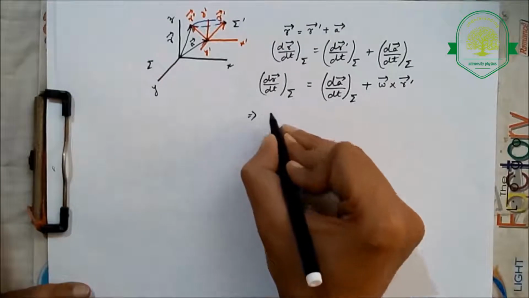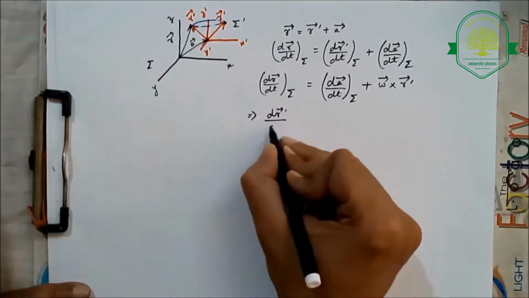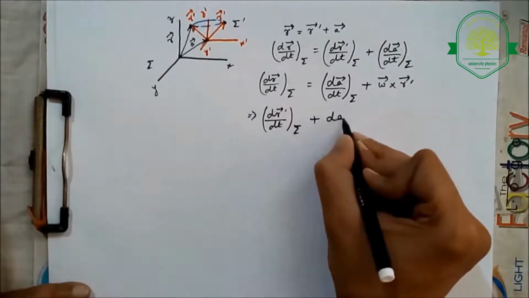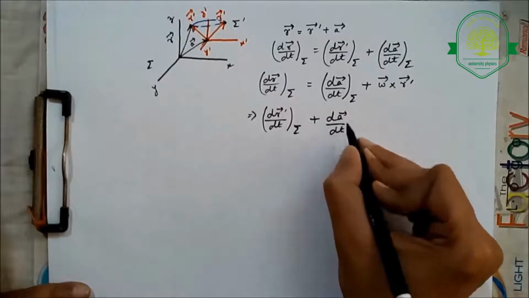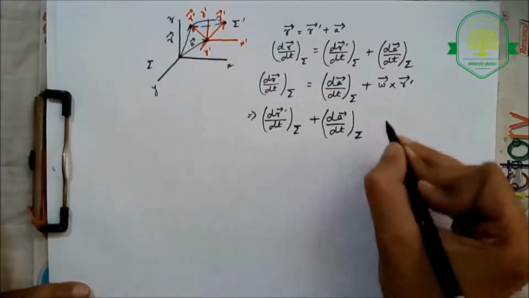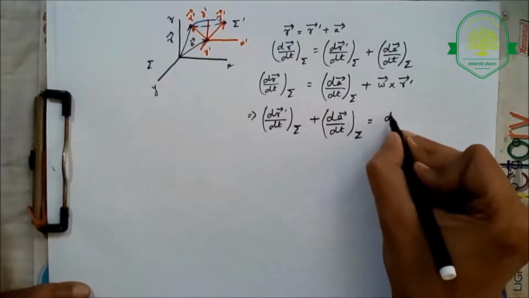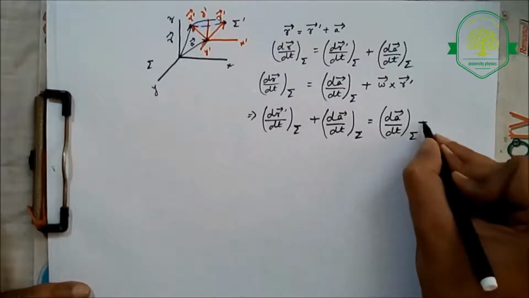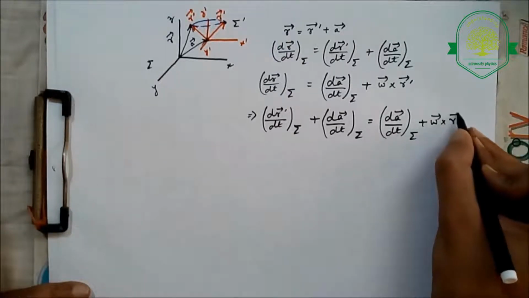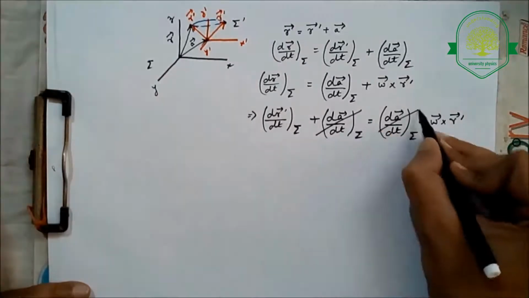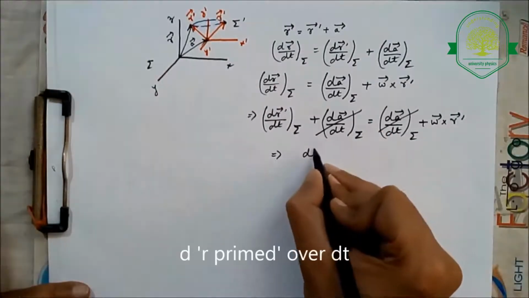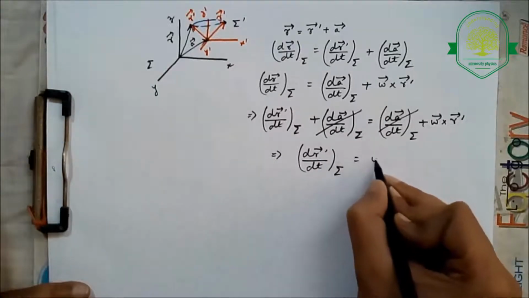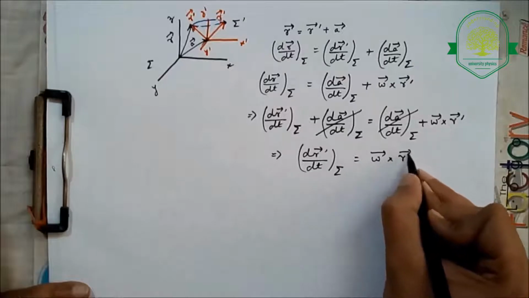If we do that, we shall get dr primed over dt sigma plus dA over dt sigma equals dA over dt sigma plus omega cross r primed. I can cancel out these two terms, from where I can say that dr primed over dt sigma equals omega cross r primed.